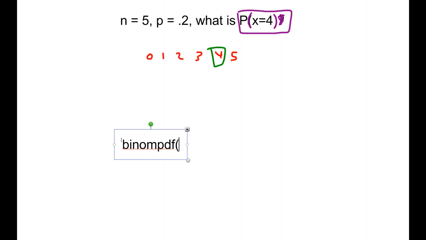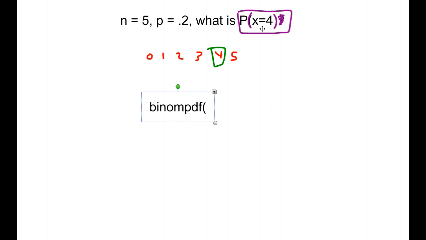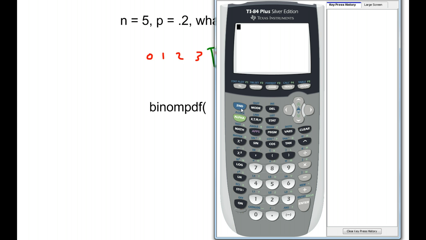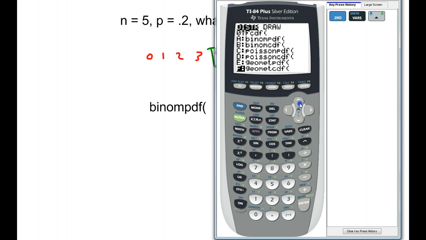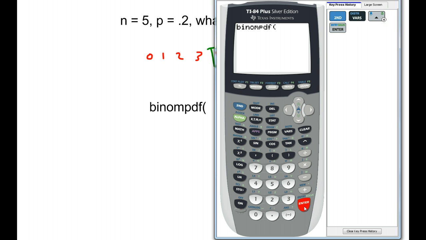I'm going to write that out. Binomial PDF for a single value. Whenever we see an equal sign like that, or we're only looking for a single number, it's always going to be PDF. So I go to my second vars, I go up towards my binomial PDF, and I type in my n, comma, my p, comma, my value of x, so 4.